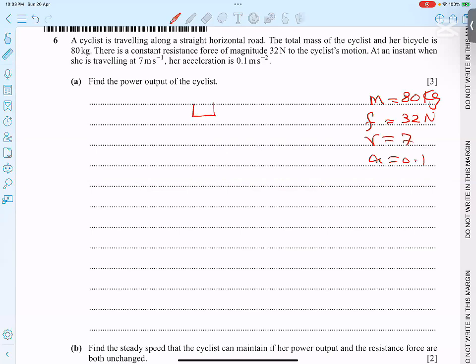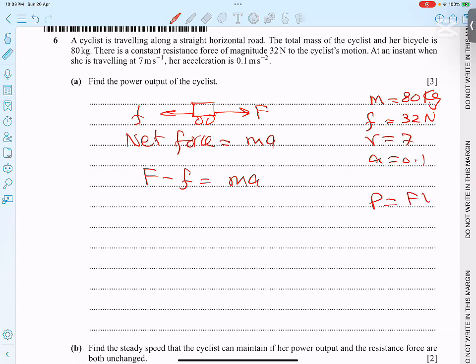Just to give an example, this is a particle or whatever, applied force, backward friction force. So the formula we use is net force equals ma. I can say capital F minus small f is equal to ma. Power formula, all of you know, F into V. If I bring this down, power by V is equal to capital F. I replace P by this one, and the rest is not a hard job.